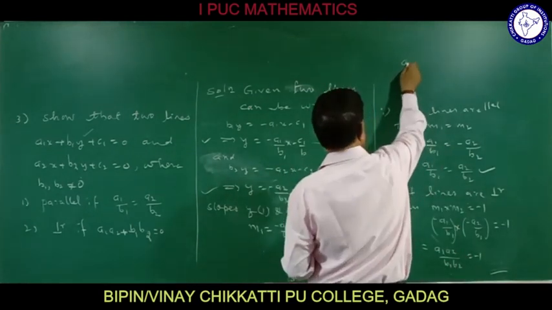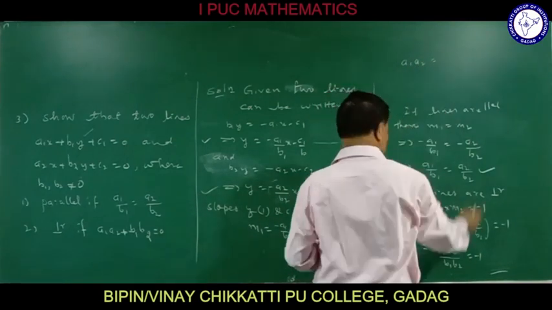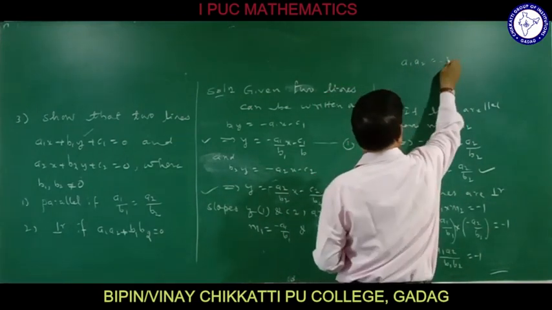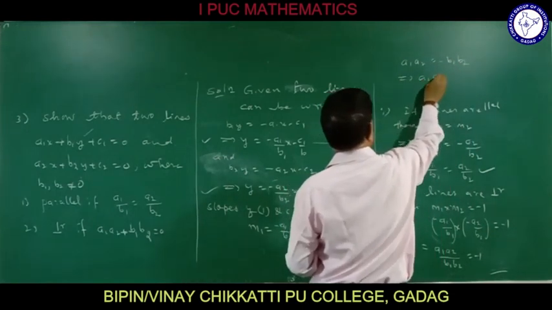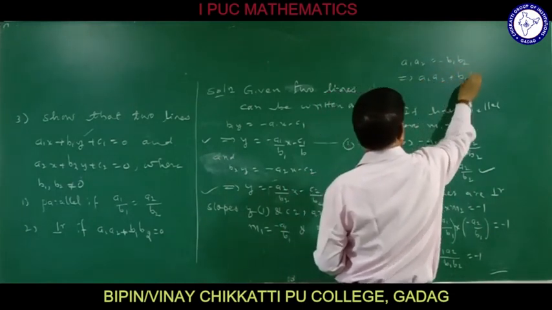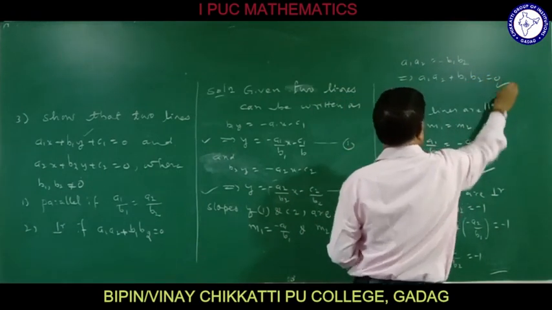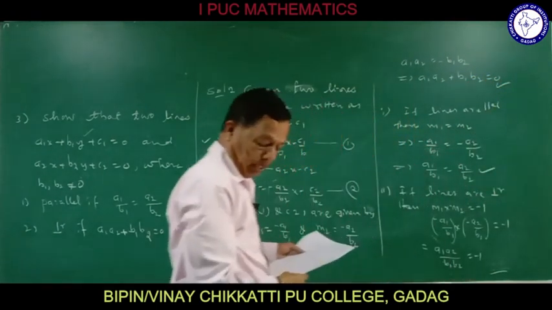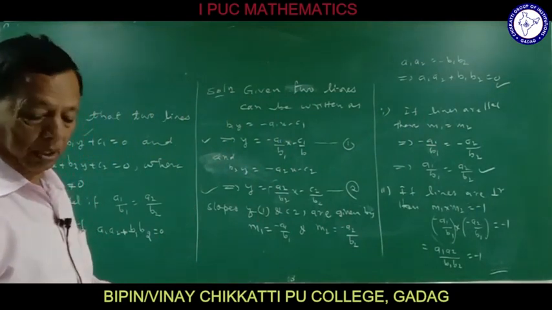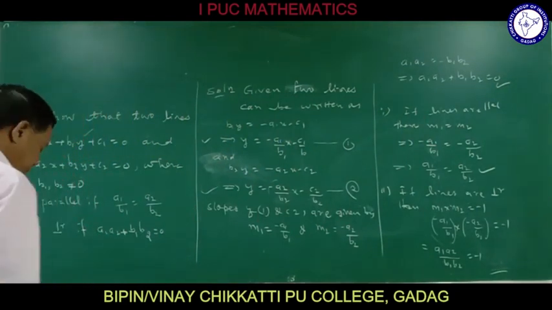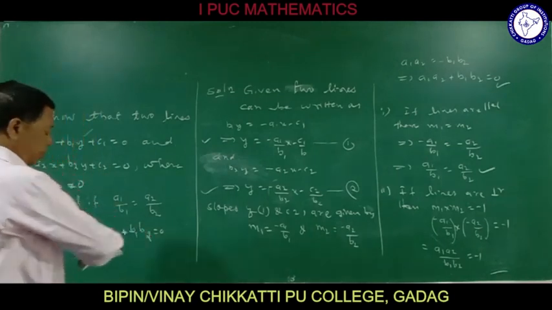You see a1 a2 is equal to minus b1 b2. So when you write it, a1 a2, bring this b1 b2, equal to 0. This is the second condition of the perpendicularity. I hope you understood this, how we find the conditions for these two.